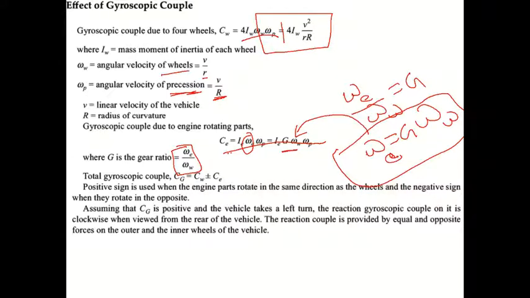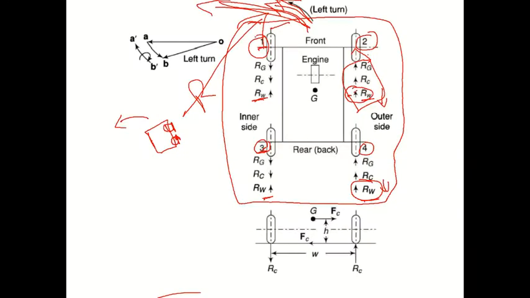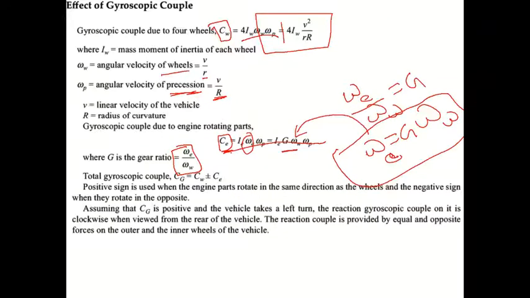So this is the gyroscopic couple on the engine, and this is the gyroscopic couple on the wheels. Now total gyroscopic couple Cg is equal to CW plus or minus CE. The engine is rotating, in which direction, clockwise or anti-clockwise?